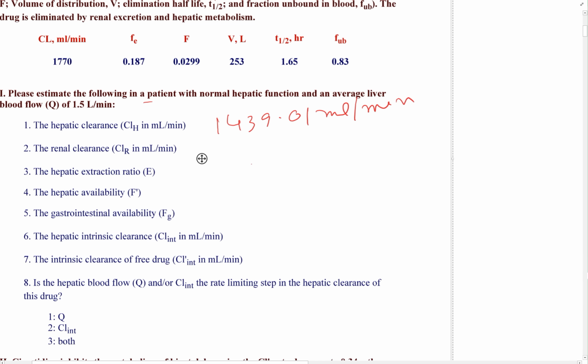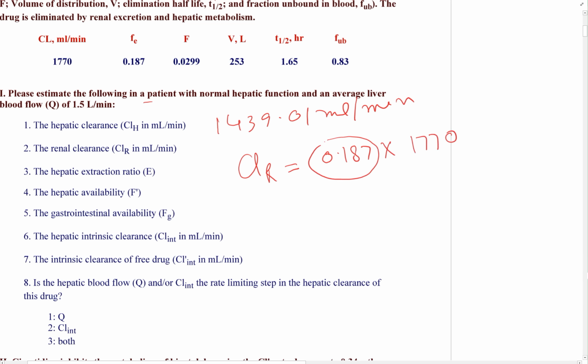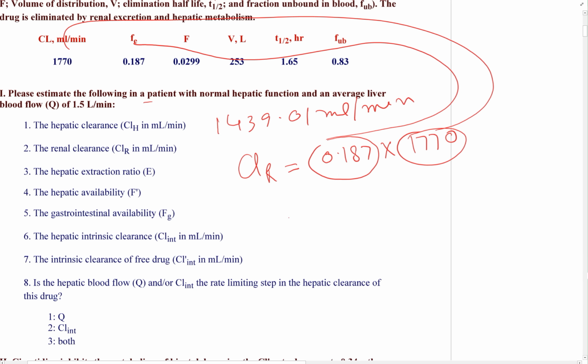So renal clearance you can just do CLR is equal to 0.187 times 1770. So where do we get this? This is the fraction eliminated in the urine, and this is our total clearance. So your CLR is going to be 330.99 milliliter per minute. So this is one way of doing CLR.